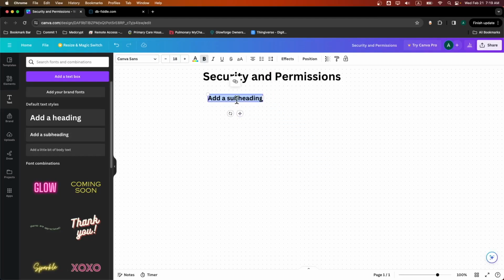When it comes to the threats, the first one is unauthorized access. Unauthorized access refers to individuals attempting to gain entry to your database.